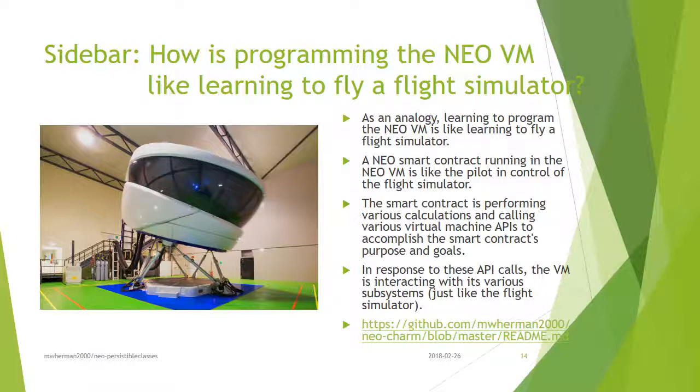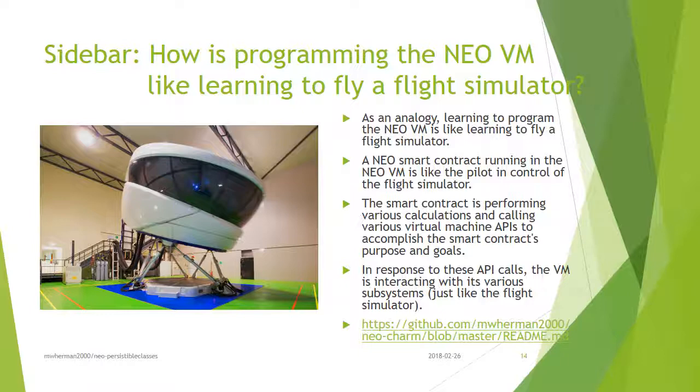to the flight simulator. So in a lot of respects, the smart contract running inside the VM is like the pilot inside the simulator. The smart contract doesn't know about anything outside of the VM. It only has certain opcodes that it knows it can use, and that the VM will interpret them.